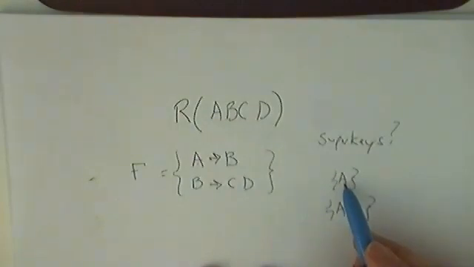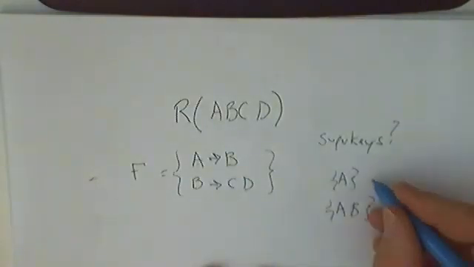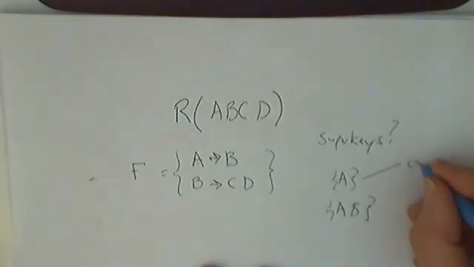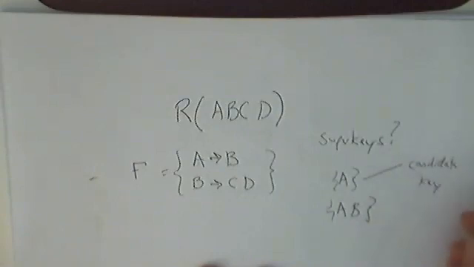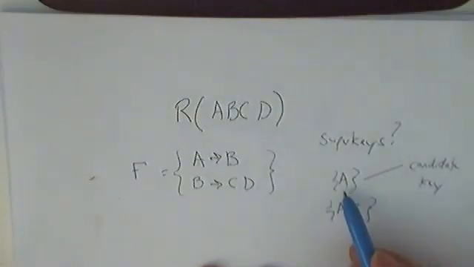But A is a minimal superkey, because you can't take any smaller piece of it that maintains the superkey property. A, B is not minimal. Therefore, A becomes at least one of the candidate keys. A candidate key is a minimal superkey.